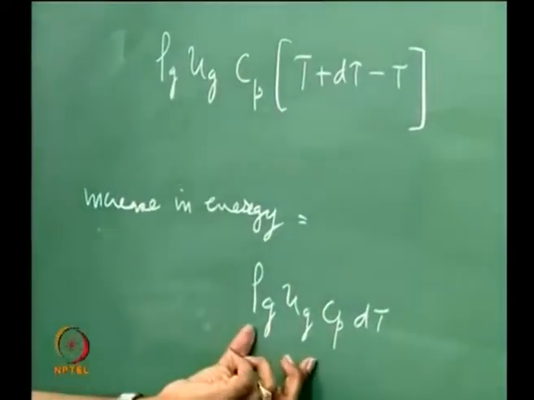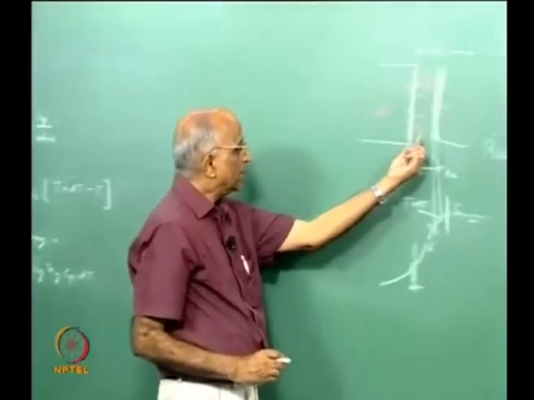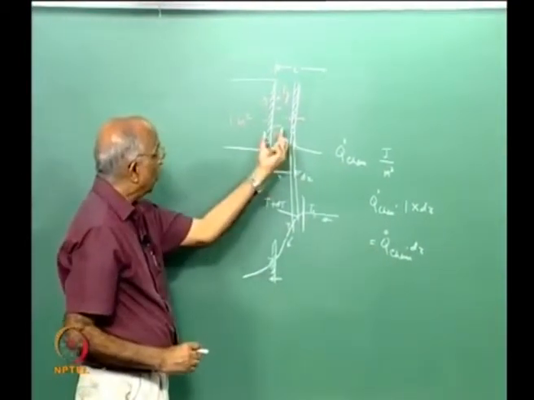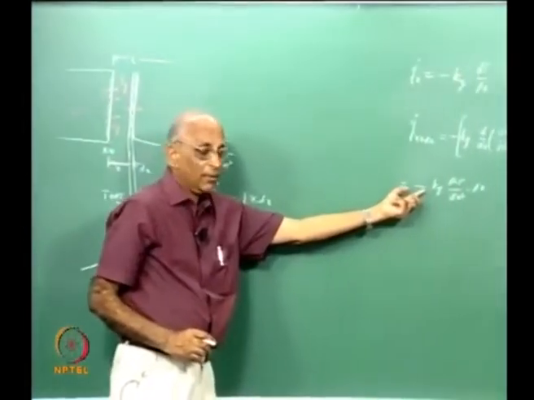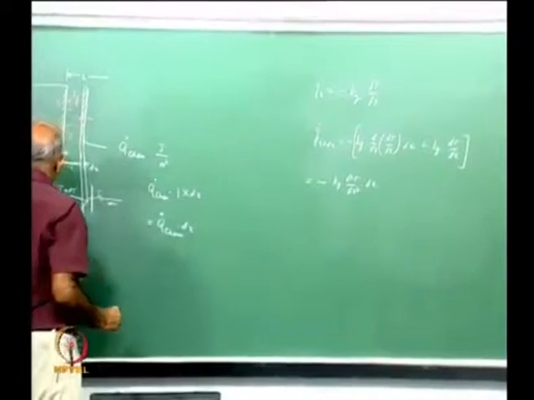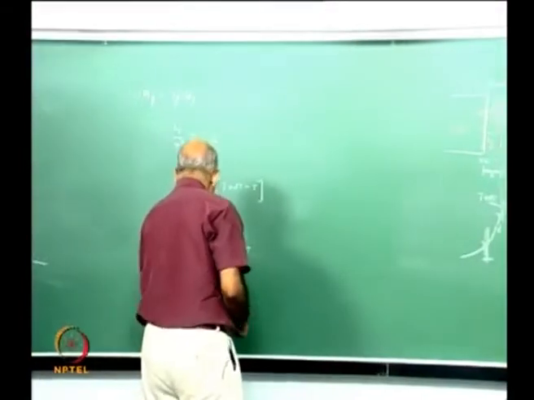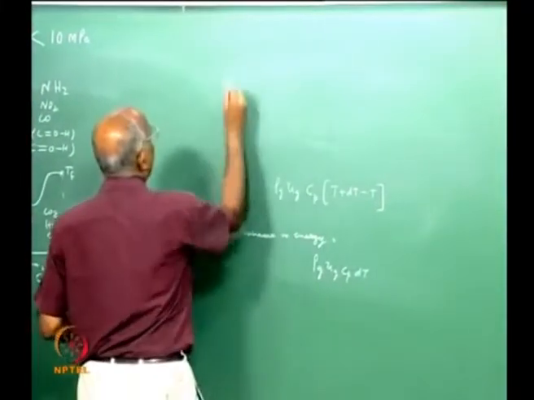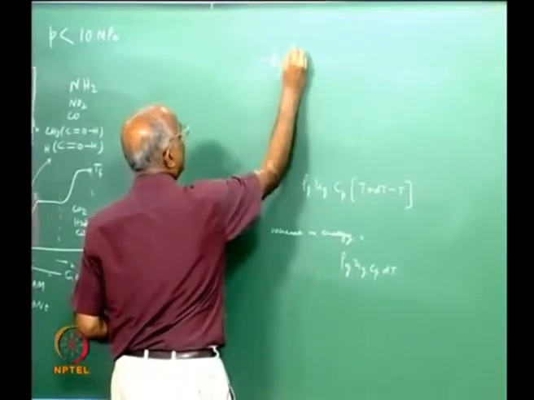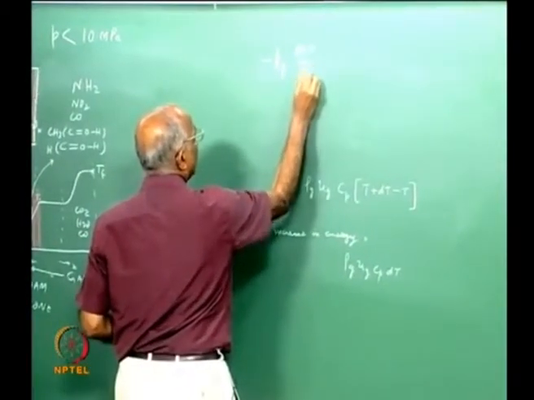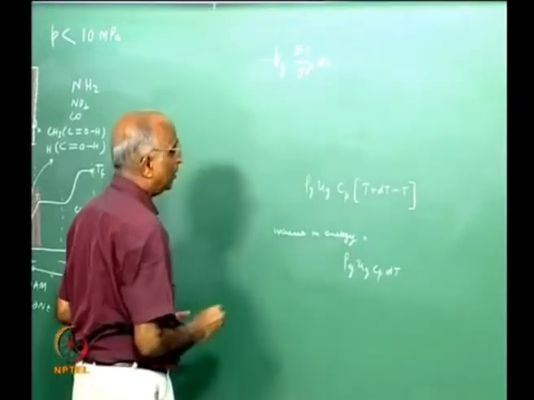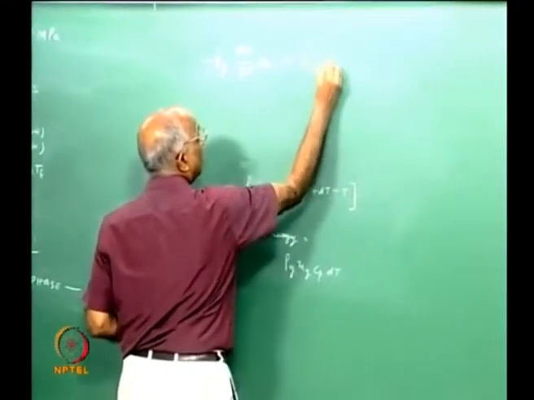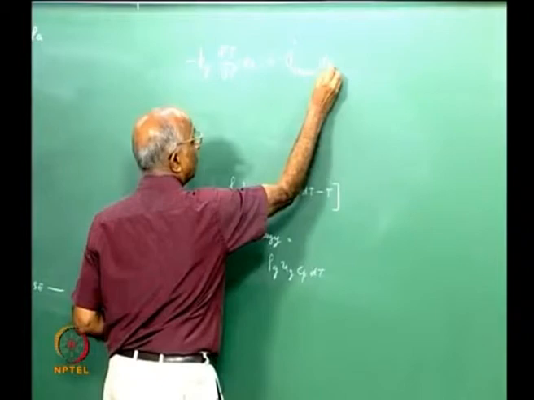Where does this energy come from? The energy comes from the chemical reactions which generate so much of heat, so much joules per meter square, and also I find there is some heat which is getting conducted. That means this plus this must be equal to this, or rather now I can put the equation down as minus kg into d2t by dx square into dx, which is the heat transfer, plus I am getting some heat which is getting generated, Q chemical rate into dx, which is the net heat accumulation.